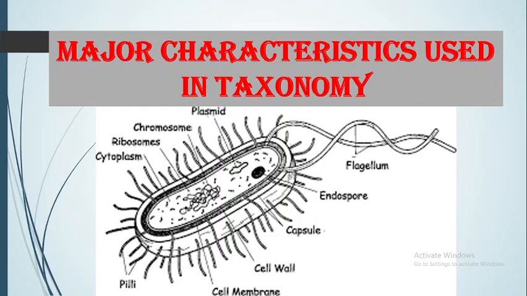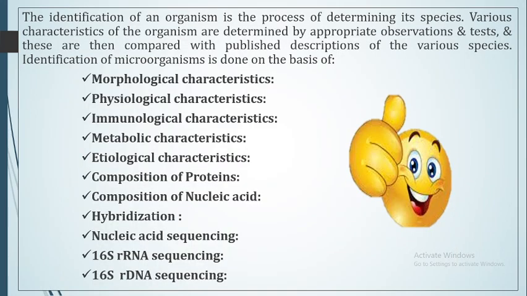It is a typical structure of bacteria. Identification of an organism is the process of determining its species. Various characteristics of the organism are determined by appropriate observation and tests, and for this they are compared with the published descriptions of the various species.